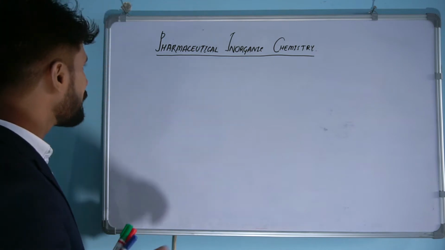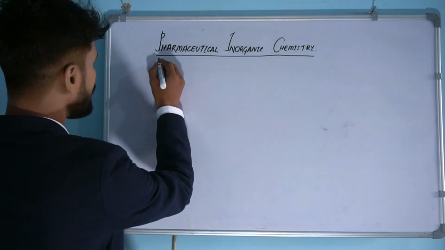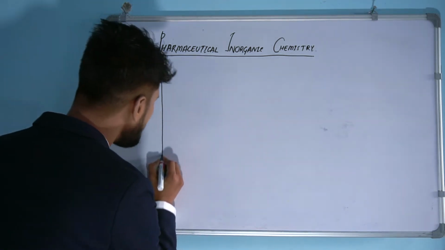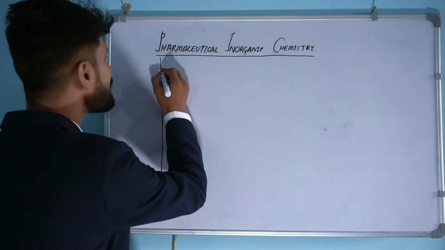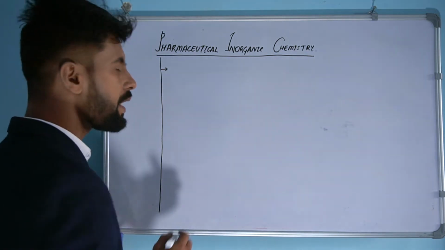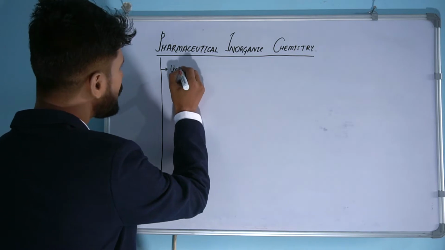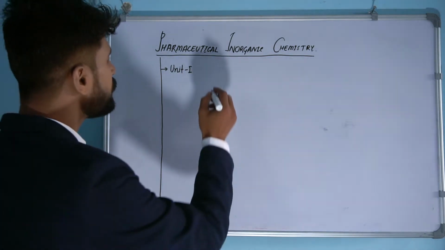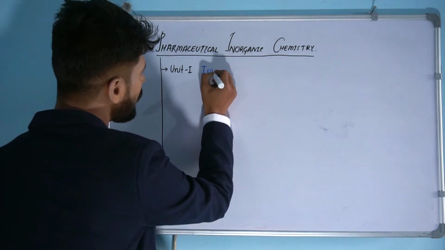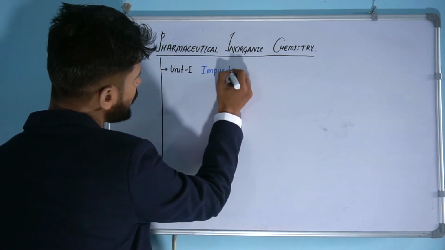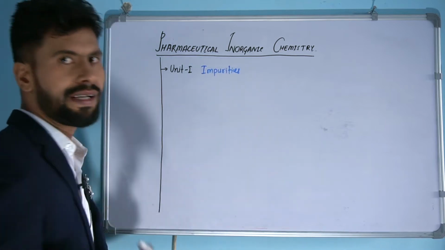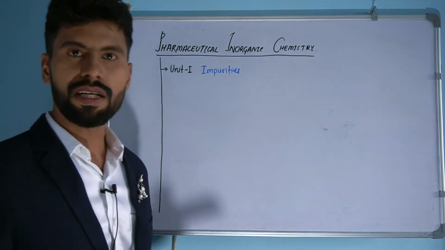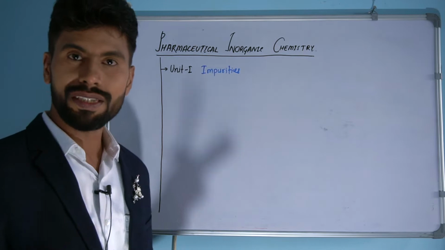If you see Pharmaceutical Inorganic Chemistry, it has 5 units. Unit 1 is about impurities. You are going to study what impurity is, especially pharmaceutical impurities, and what the sources of impurity are.